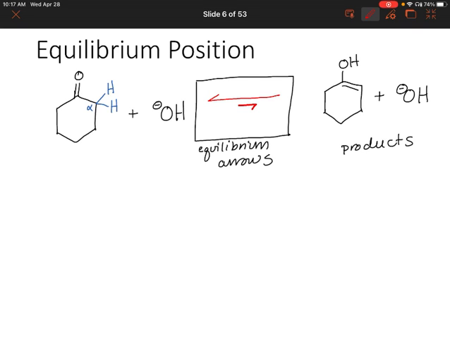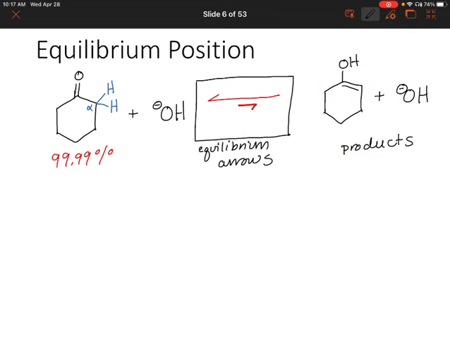We could use something like NMR, and we would find that about 99.99% of our reaction mixture would be our ketone. So really only a very, very tiny percent of enol will form. And this is true for most keto-enol tautomerization.